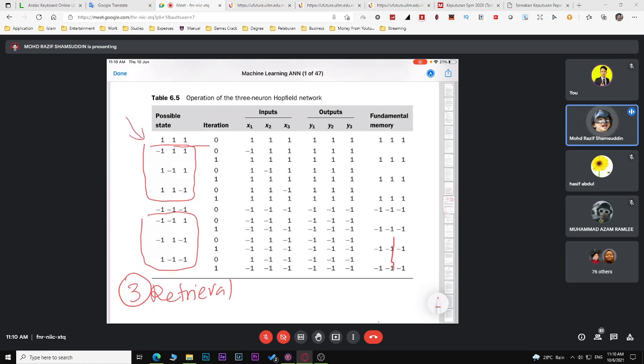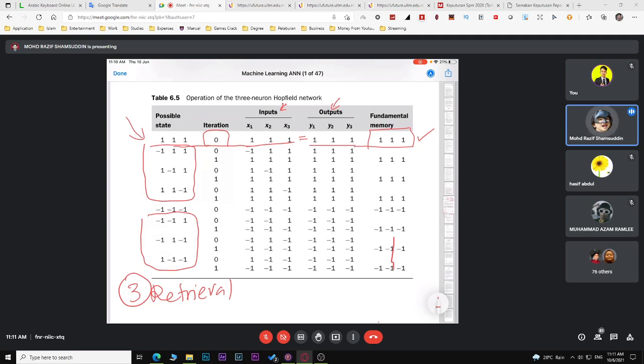Bila kita produce our network with a stable state, sini input dia, ni tengok, ada input dengan output kan. Masukkan input ke dalam network dan dihasilkan output yang sama. Sesama iteration tak berlaku, iteration kosong. Dan fundamental memory dia adalah ini.